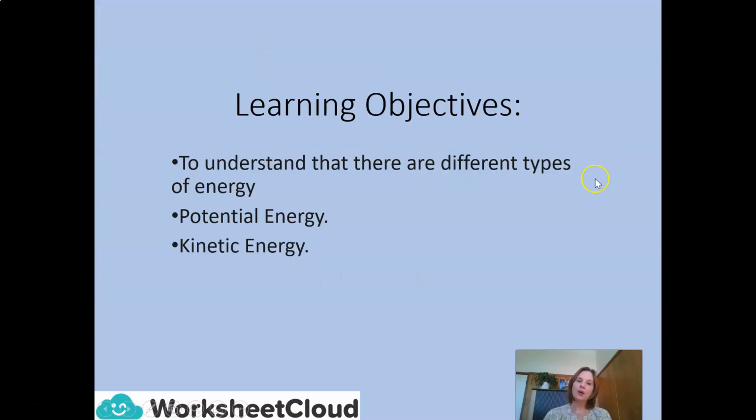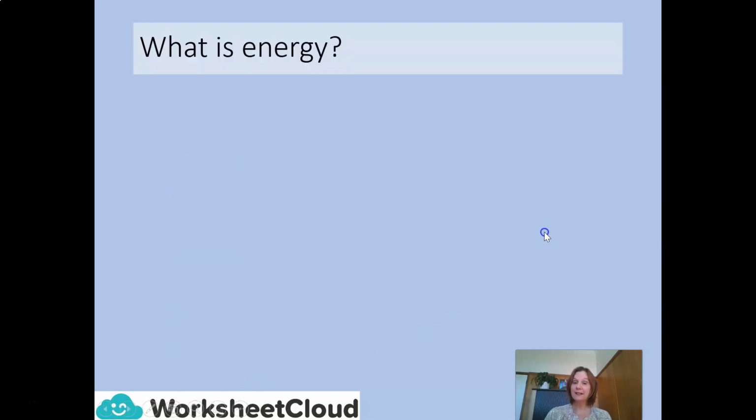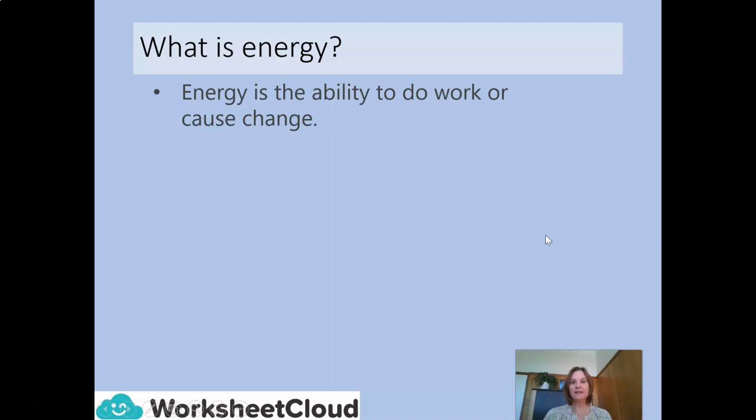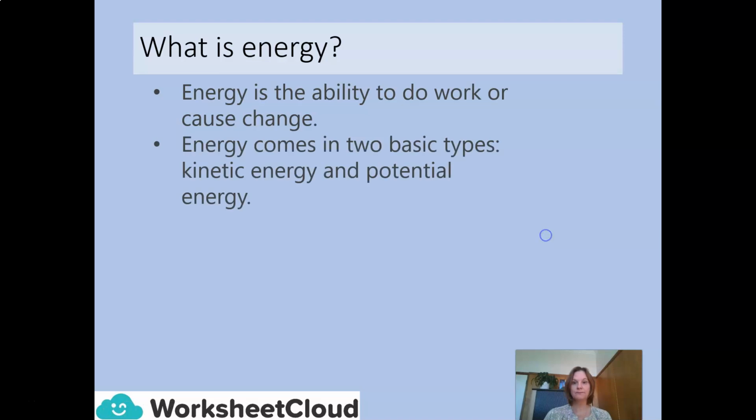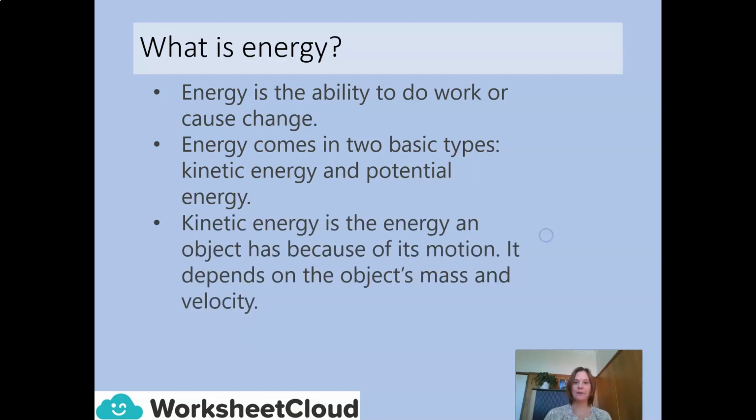So today's learning objective is to understand that there are different types of energy, but today we're focusing on potential and kinetic. So what is energy? Energy is the ability to do work or cause change. Energy comes in two basic types, kinetic energy and potential energy.